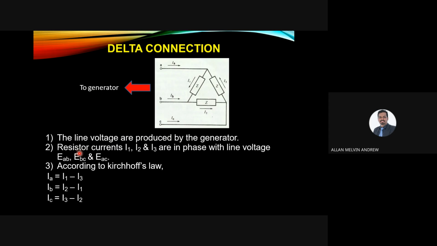The resistor currents I1, I2 and I3 are in phase with line voltages EAB, EBC and EAC. So all are in line with the respective voltages, and we can find IA, IB and IC using Kirchhoff's law. All these are already derived.